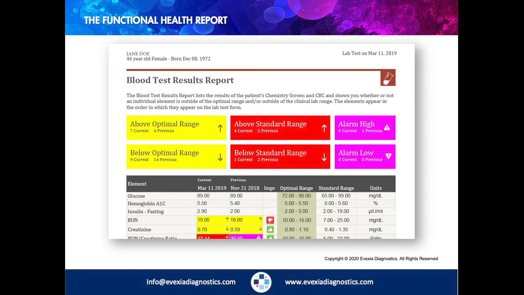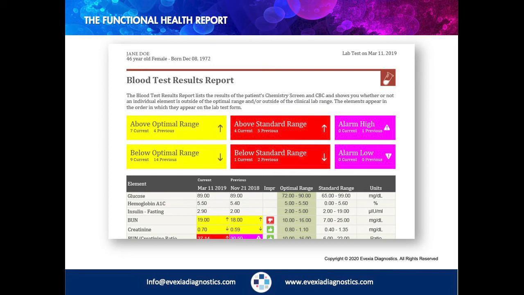And as you can read right under those words, the blood test result report lists the results of the patient's chemistry screen and CBC and shows you whether or not the individual elements is outside of the optimal range or inside the clinical range. Now the elements are going to appear in order in which they appear on the lab test form. So the computer program is going to put them into categories of optimal range, above or below, standard range, above and below, or in the alarm range.